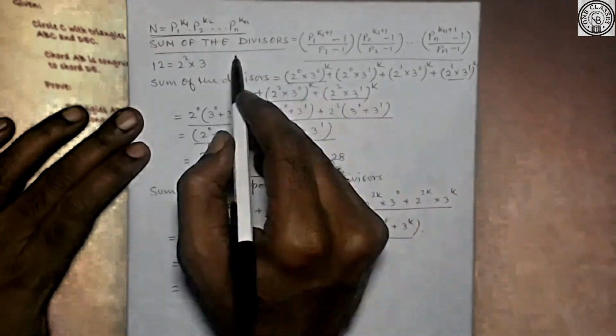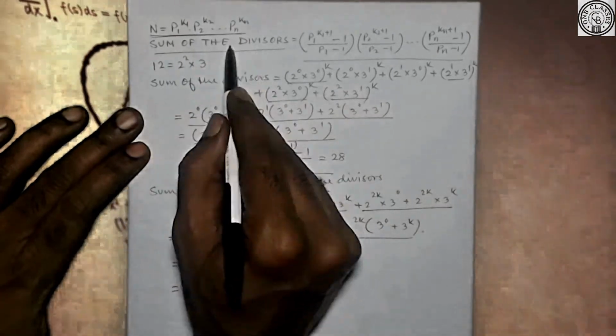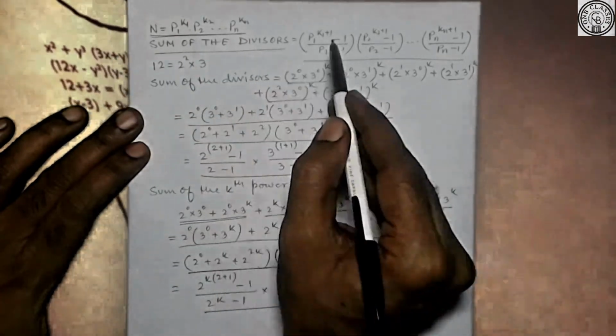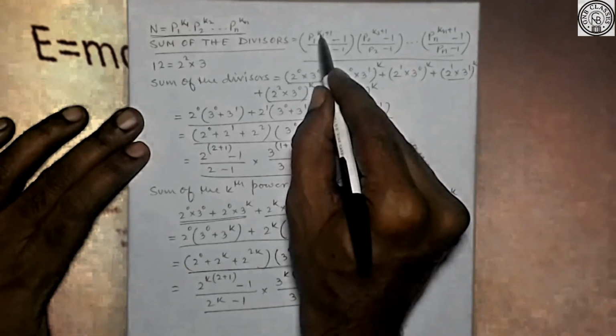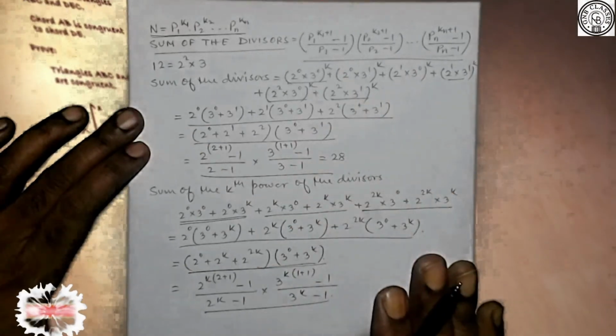When they ask you to find the sum of the kth power of the divisors, everything will remain the same over here. Only the exponents will be multiplied with k.